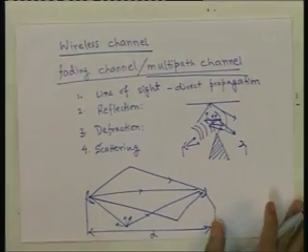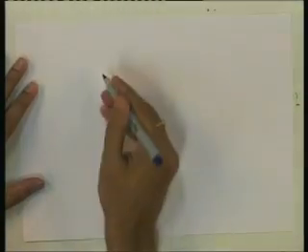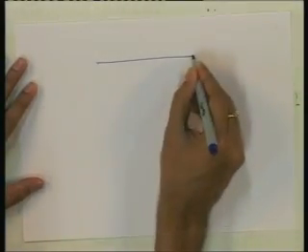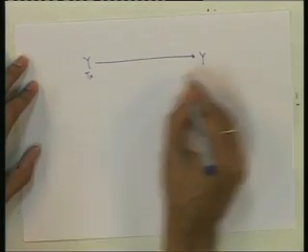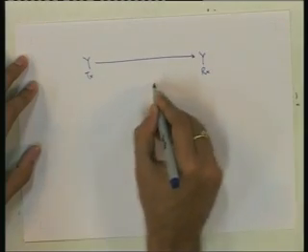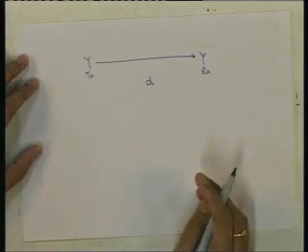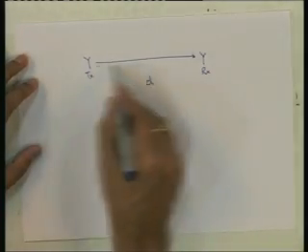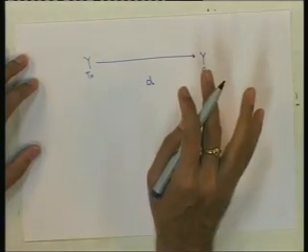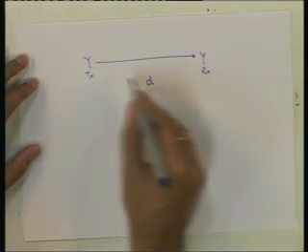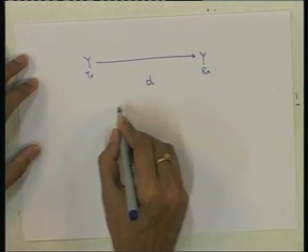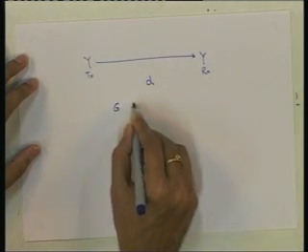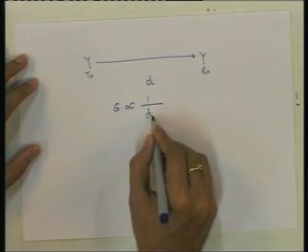It is known that if we have only direct propagation, say if you have one antenna here, this is the transmit antenna and this is the receive antenna, separated by distance d, then if there is only one path, the line of sight direct propagation path, then the path attenuation, the path gain G is proportional to 1 by d square.